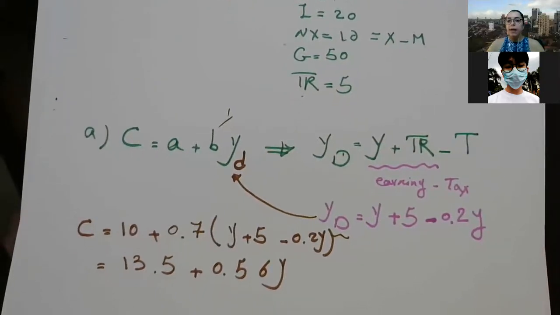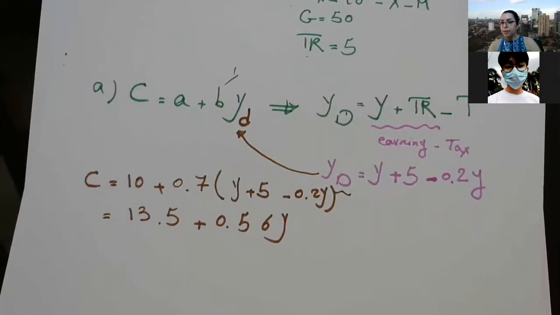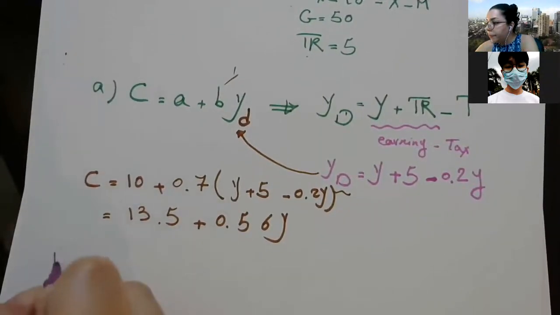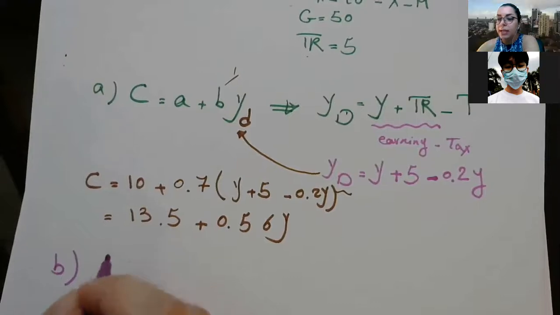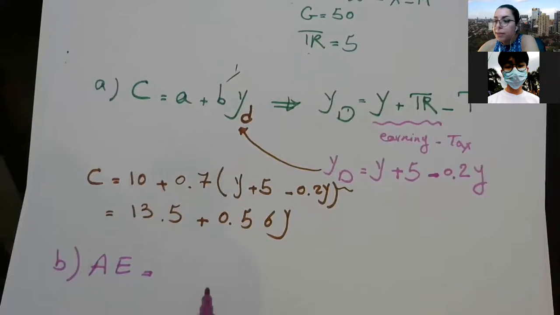Then we have to calculate the next part, which is asking us to calculate the aggregate expenditure function. Again, do remember, for the aggregate expenditure function, the first part is that you have to write the formula.